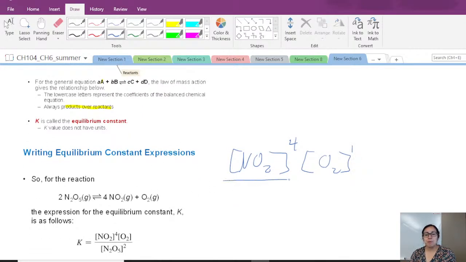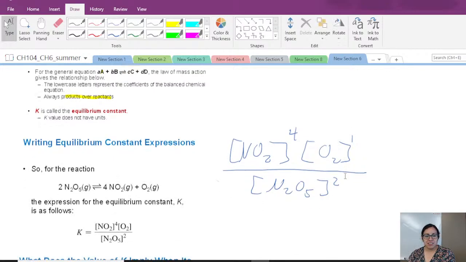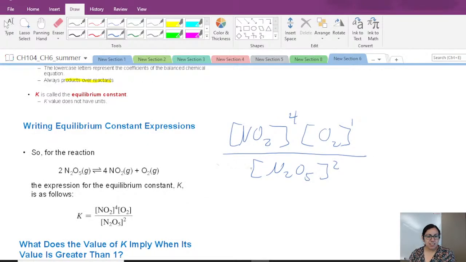Exponents are back again. Exponents will never leave you. Then over N2O5 squared. So that's how you get that.